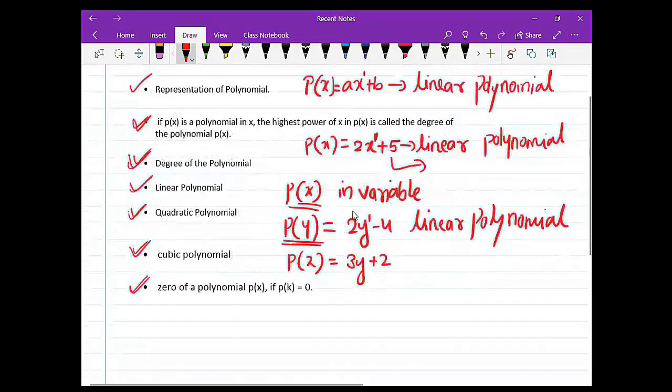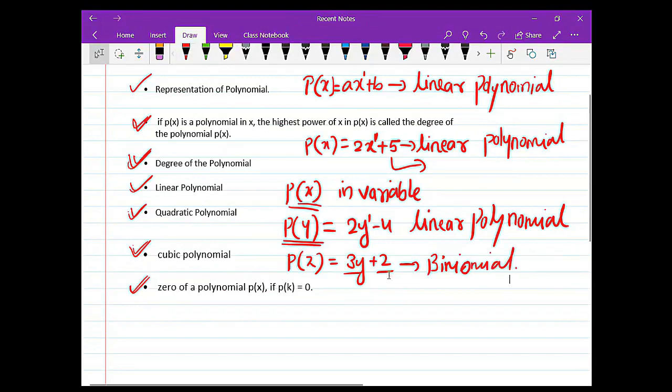Already you know that yesterday we discussed that if there are two terms, it is a binomial also. Binomial as well as linear polynomial, and it is a one-variable linear polynomial. Yesterday I also told you about two-variable linear polynomials. How do we write a two-variable linear polynomial? 2x plus 3y plus 4.